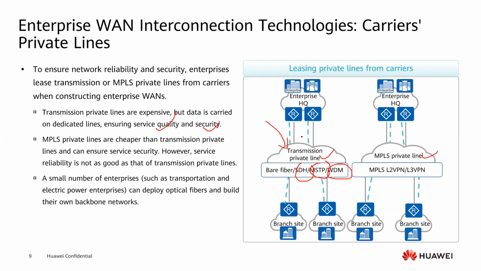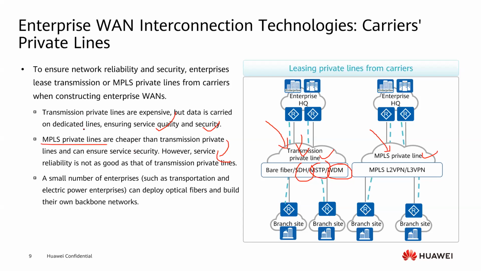Okay, so this is the transmission private line, and there's another private line, which is MPLS. MPLS is for companies that have some security requirement, but not so much demand for service quality. You just have average service quality, or maybe a little better than average. If some companies have this kind of demand, they can purchase the MPLS private line.